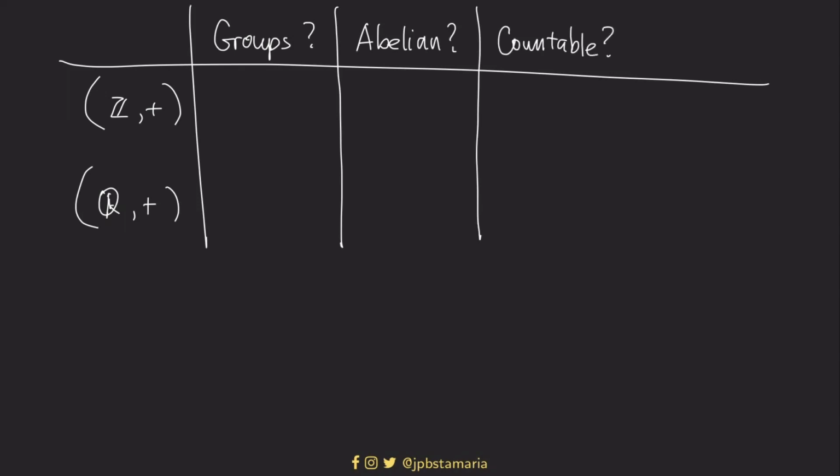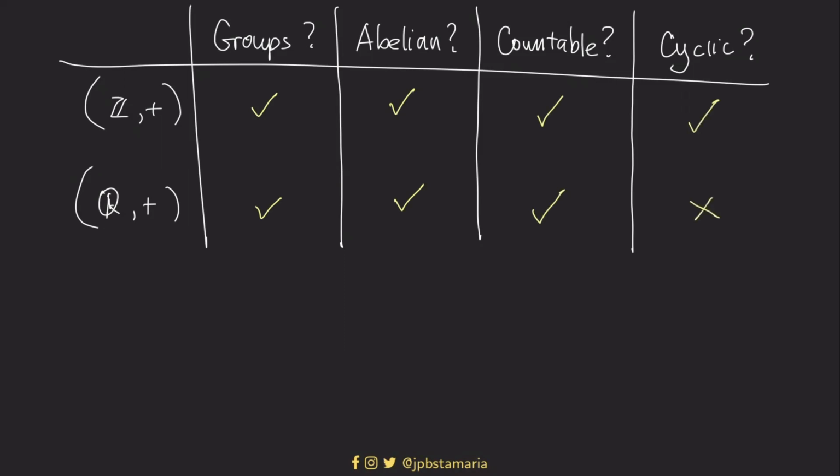So, countable ba parehas? Cyclic? Okay. Kung lalagyan natin ng checklist, these two are groups. These two are abelian. In fact, these two are countable. But one is cyclic, the other is not.